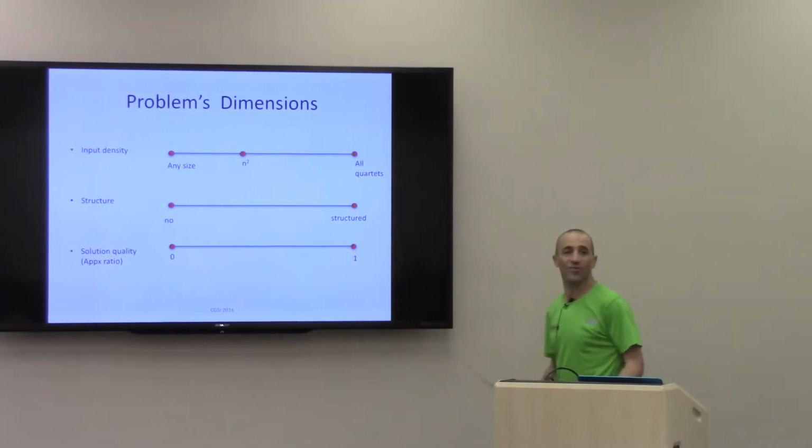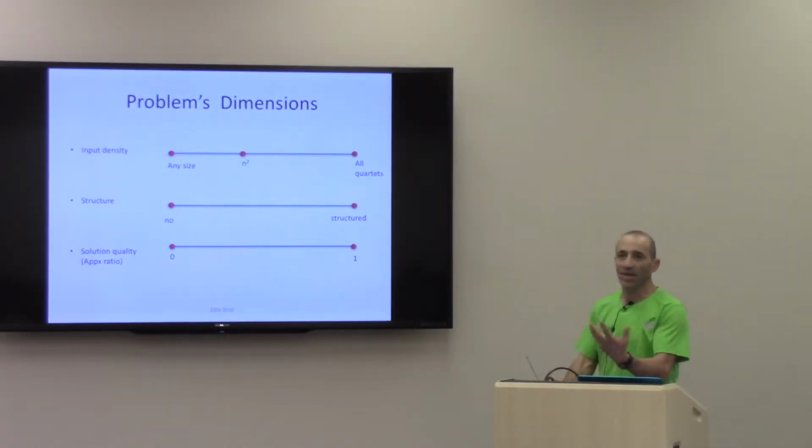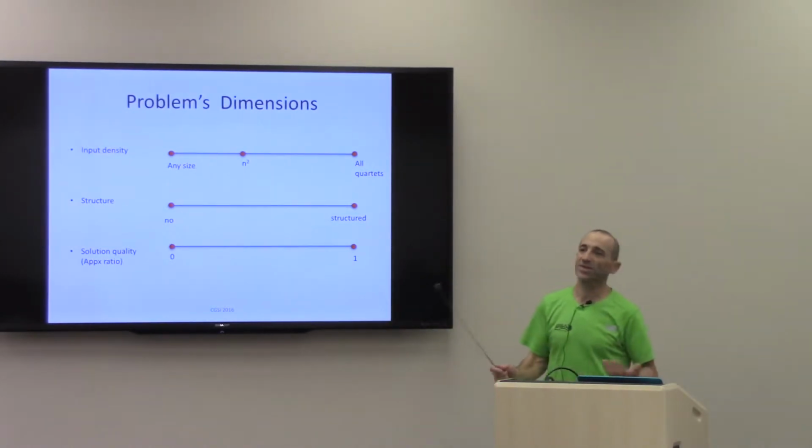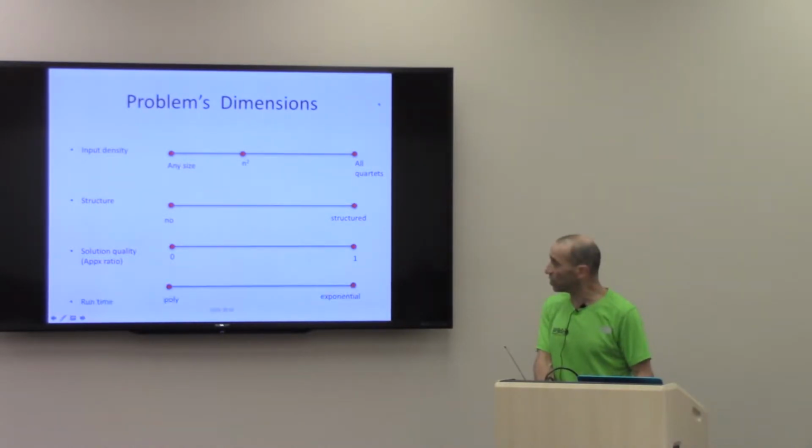Approximation ratio 1 is the correct solution. Approximation ratio 0 is when we cannot give any guarantee on the solution.